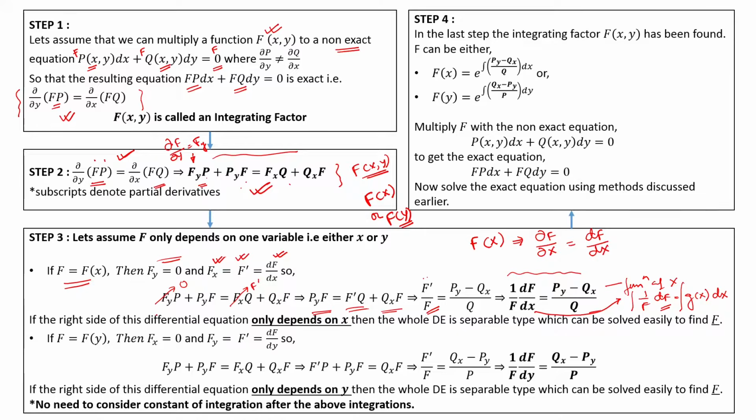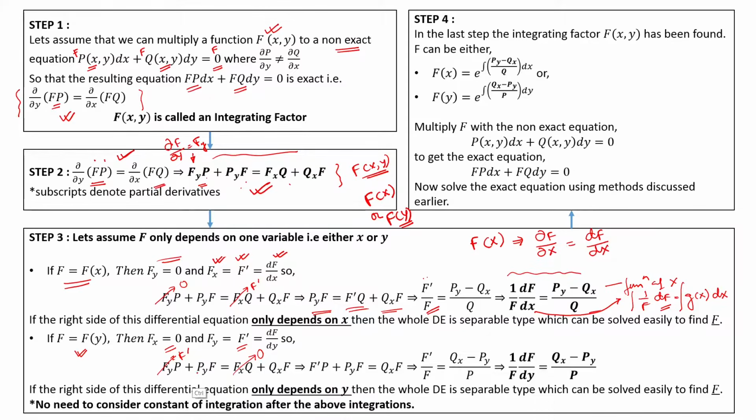Similarly, let us assume that the function f is only a function of y. Then f subscript x, that is the partial derivative of f with respect to x, equal to 0 and f_y equal to f dash or df by dy. So, in this equation we can put f_y equal to f dash and f_x equal to 0.